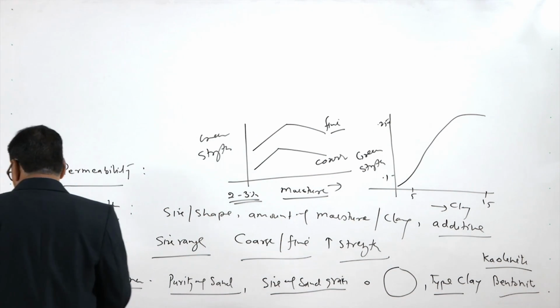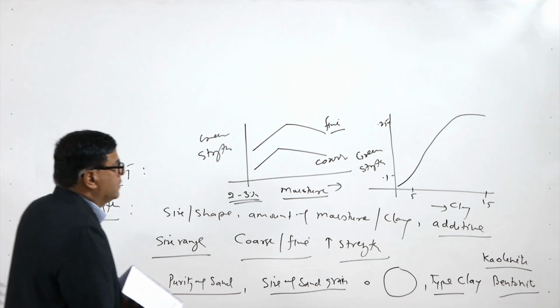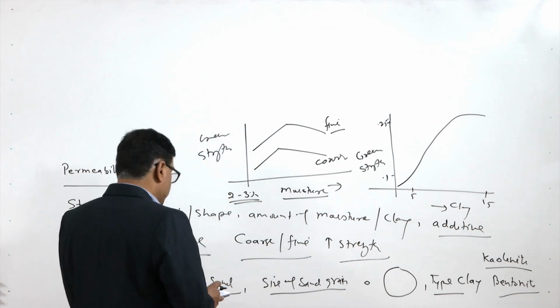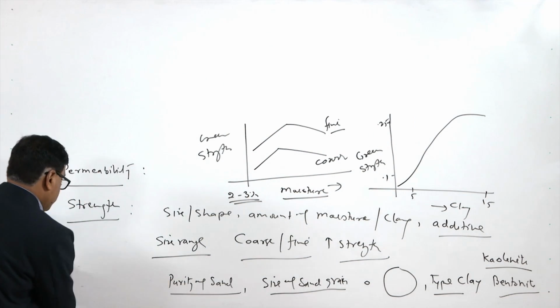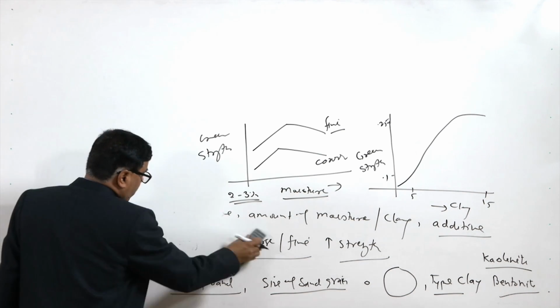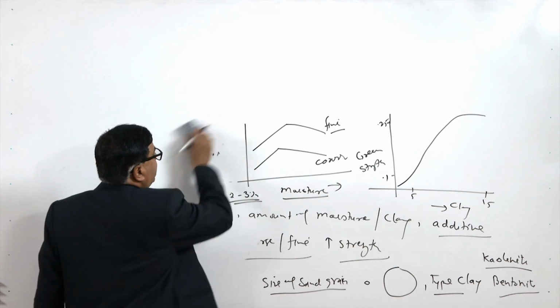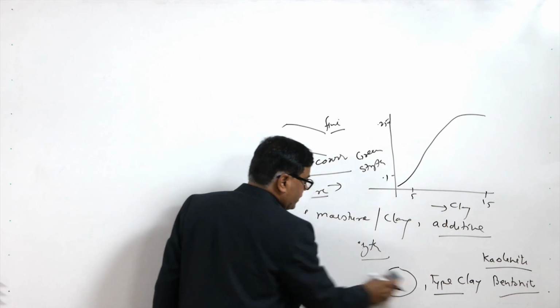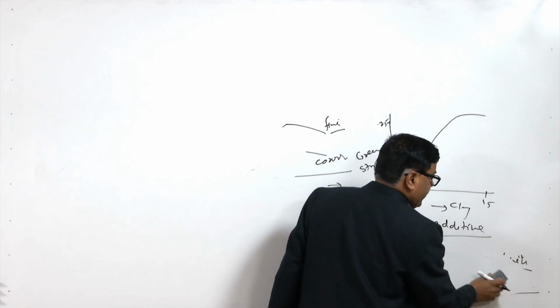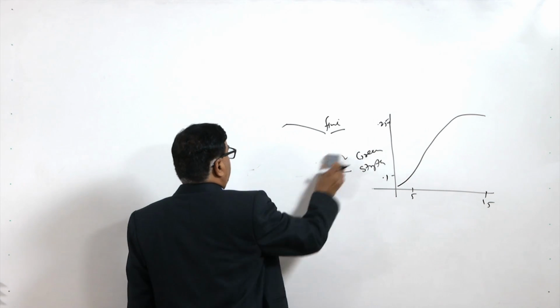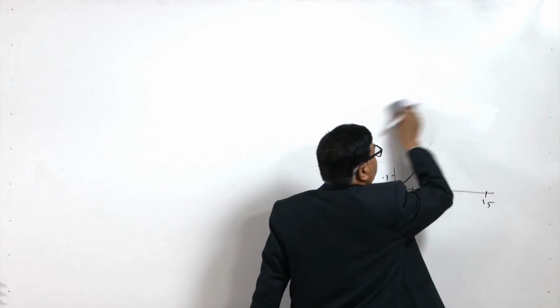Bentonite has the melting point around 1230 to 1300, which is much lower as compared to that of the kaolinite. So, these are the factors related with the molding sand which will be affecting the properties like strength, refractoriness and the permeability of the sand mold.